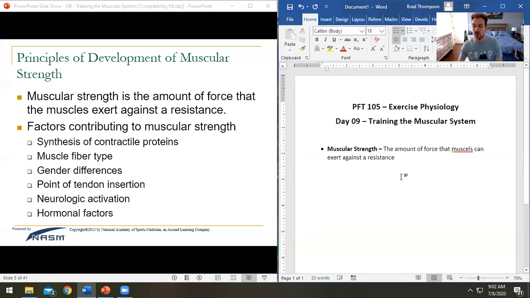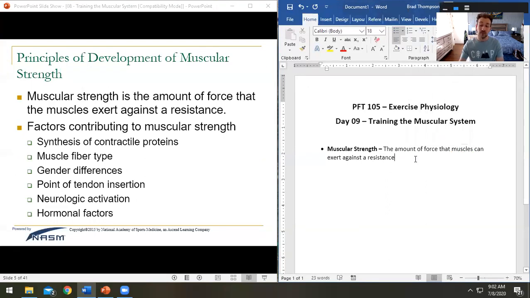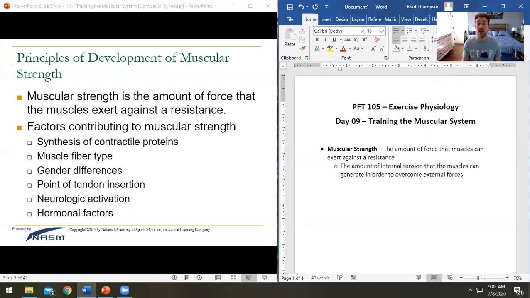We've used the term strength before, but it is the amount of internal tension that the muscles can generate in order to overcome external forces. That's really what your muscle's job is, to generate internal tension in order to move something around.